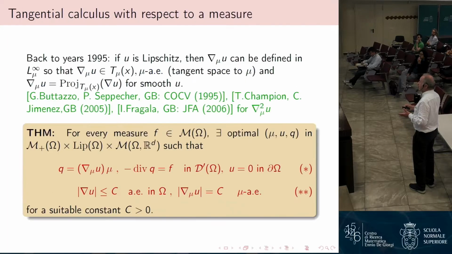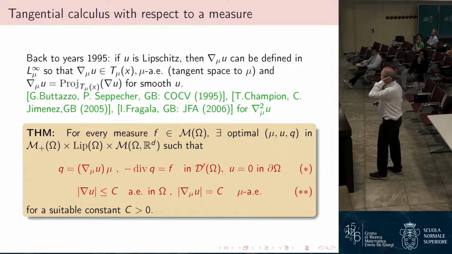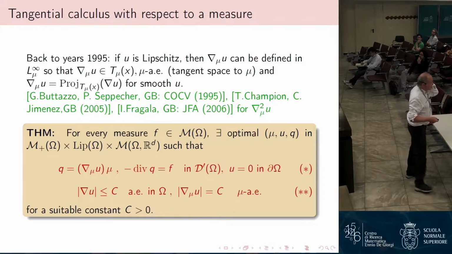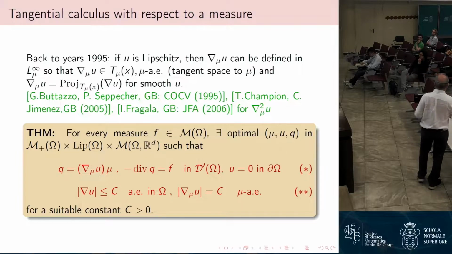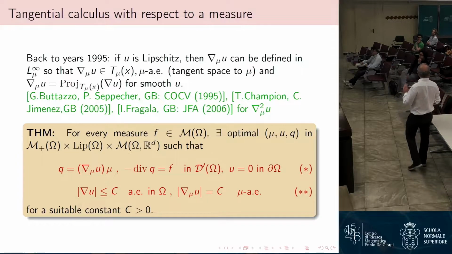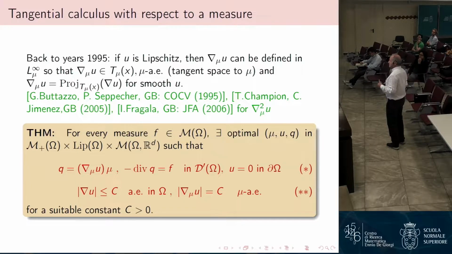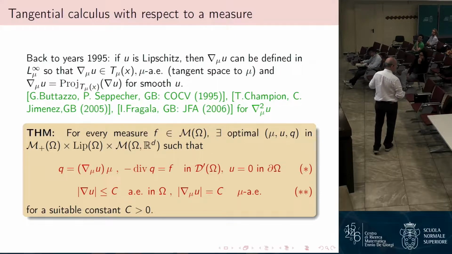And it goes back to '95. We worked very much on this problem of extending the equation using a kind of projected gradient. So at mu-almost every point you can define the tangent space, and you project the gradient, and this projected gradient is a closable operator with respect to the L2(mu) topology.